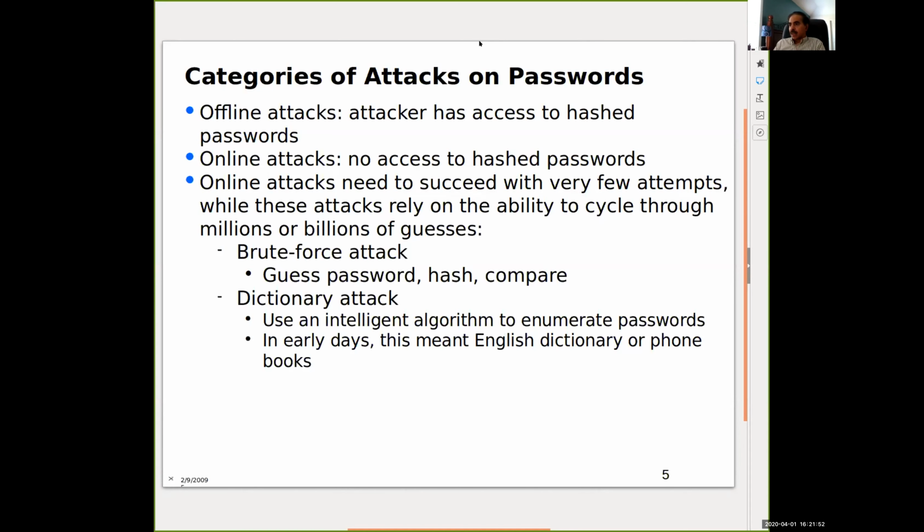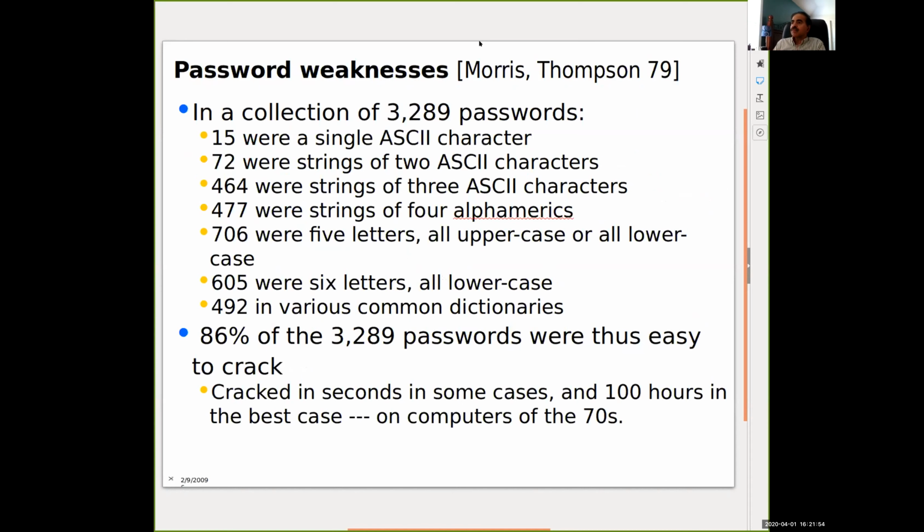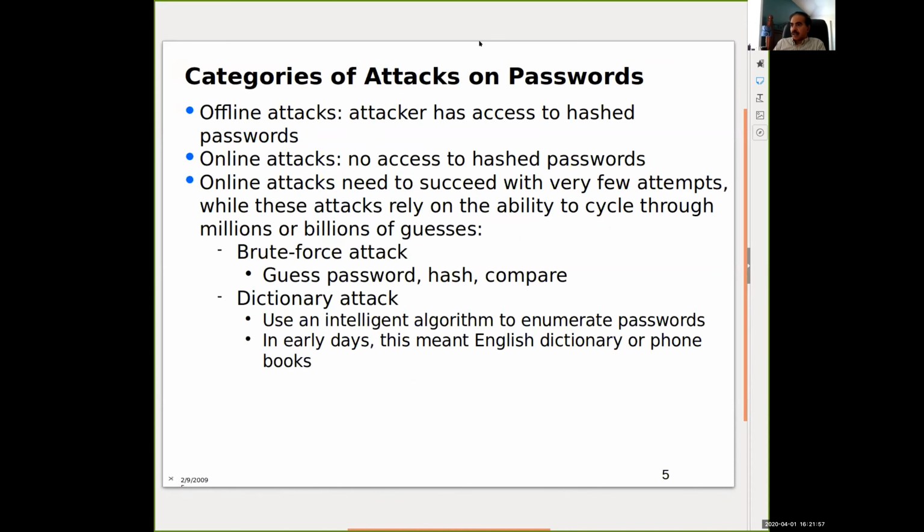Okay, so in the password attacks, offline attacks, there are two basic types of attack. One is called brute force attack, where the attacker simply tries every possible password, and the problem is that the number of such password combinations is very large, and so it's not a practical alternative unless the password length is very short.